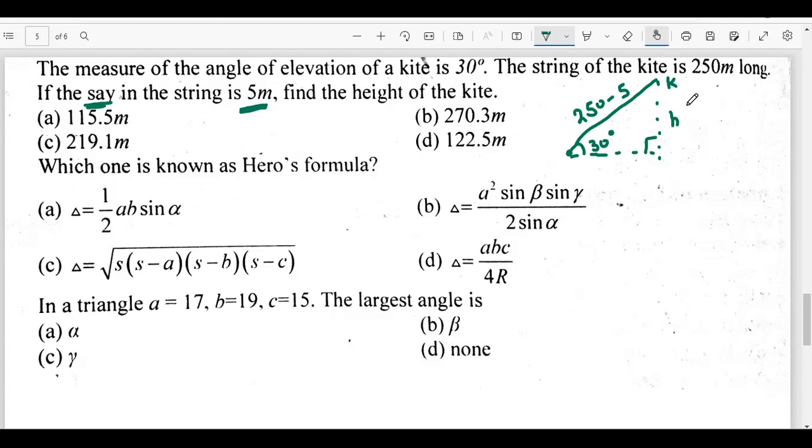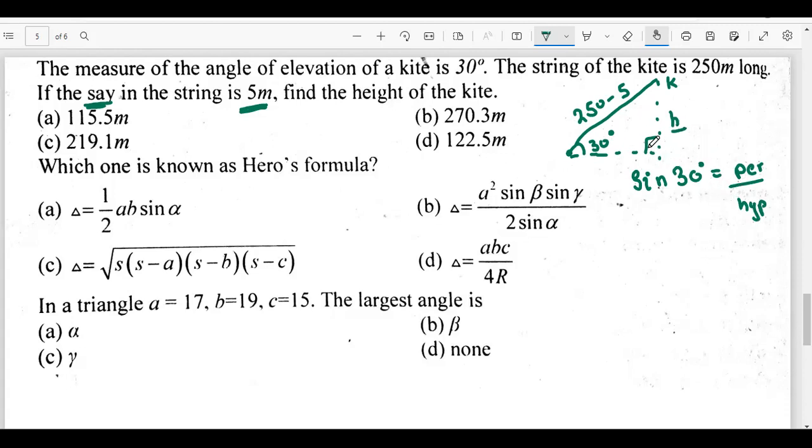So how do we do it? We have three trigonometric formulas. Which formula can we use here, Saad? Do you know? We can use sine. Sine 30 degrees equals perpendicular side over hypotenuse side. The perpendicular side would be the height.